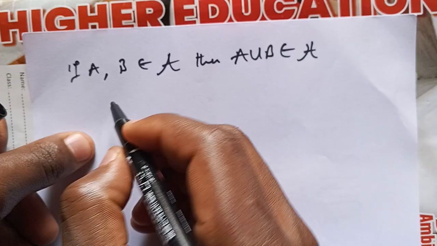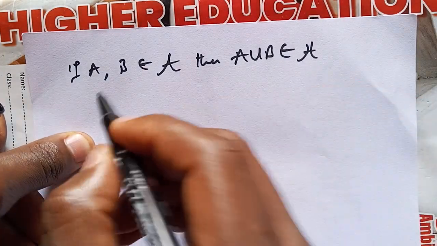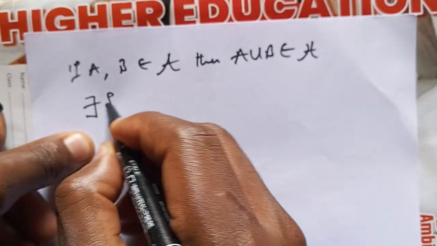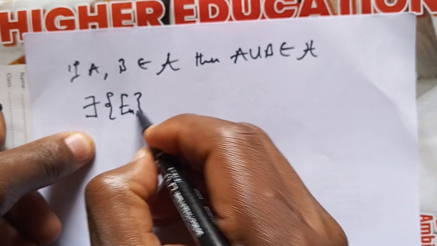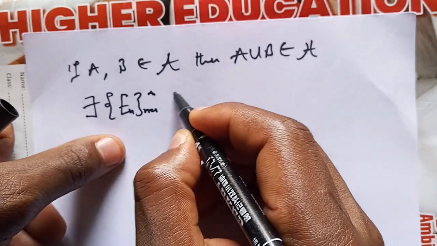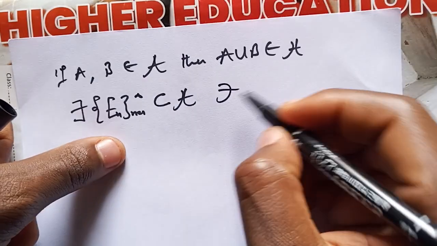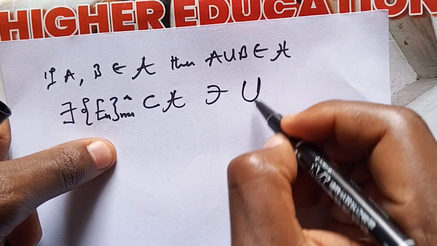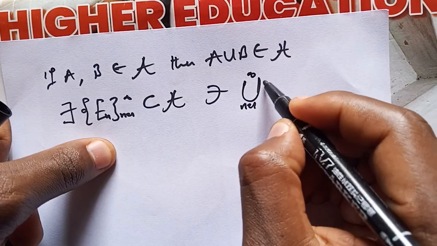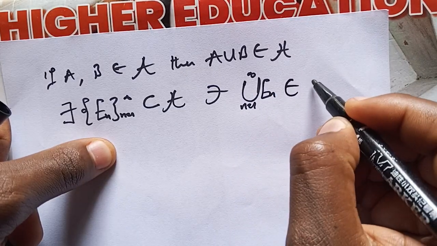Of course, since this is a sigma algebra, there exists a sequence En, n equal to 1 to infinity, as a subset of this sigma algebra, such that the countable union n equal to 1 to infinity of En is in this sigma algebra.